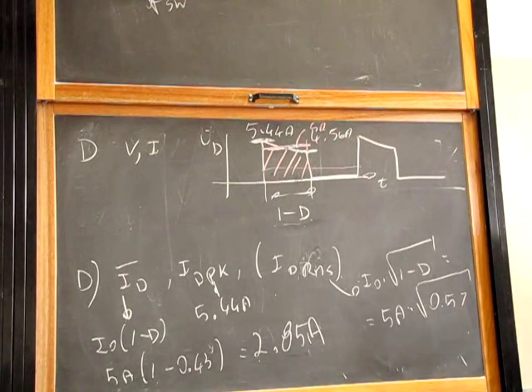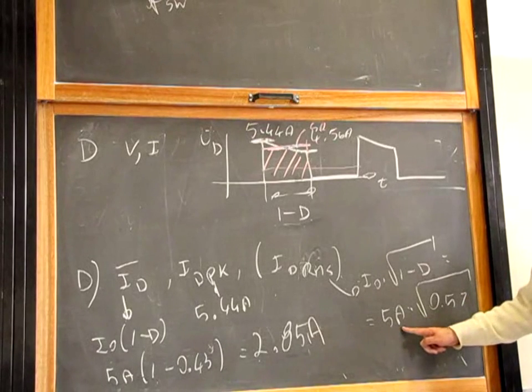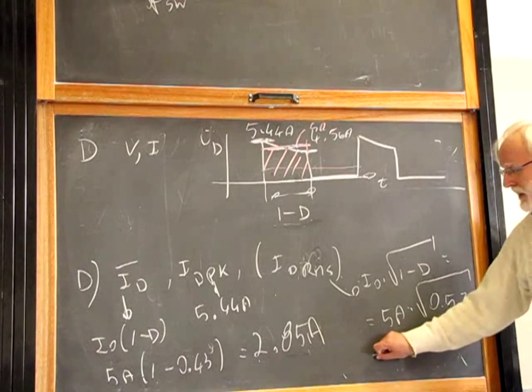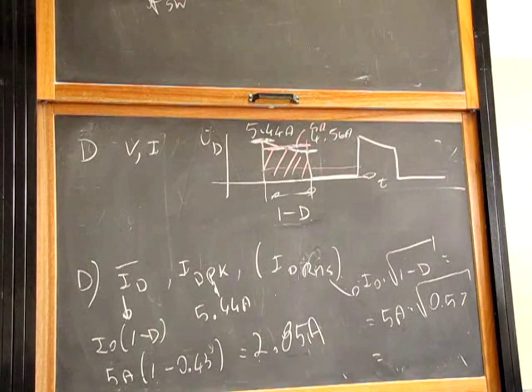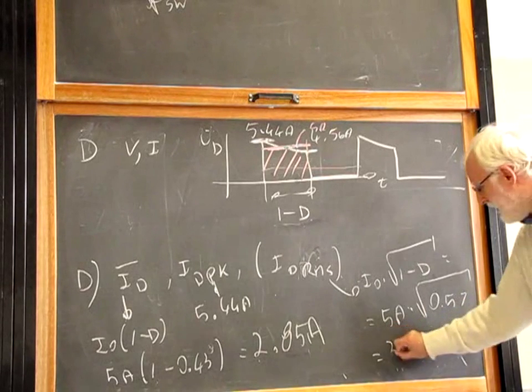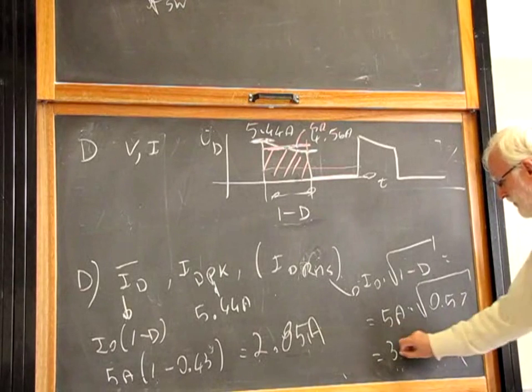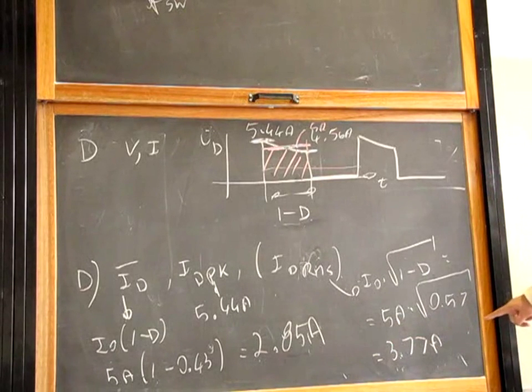And 0.75 means 3/4 of 5 amps. That means a little bit less than 4 amps, 3.8 amps. How much? 3.77 amps. Do you need this number?